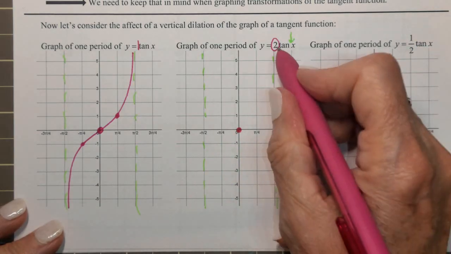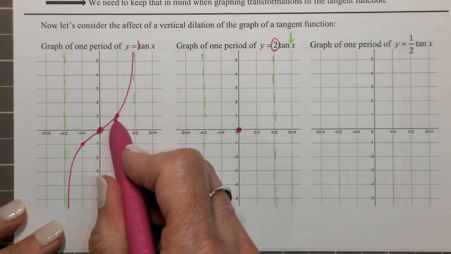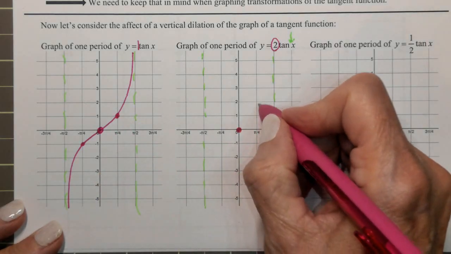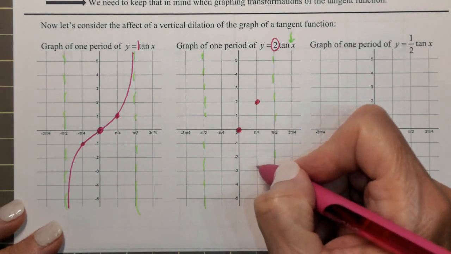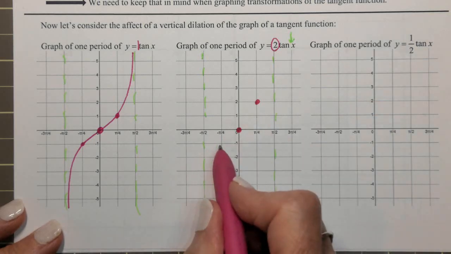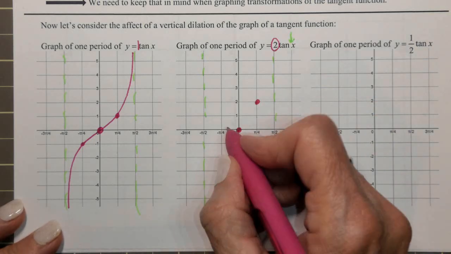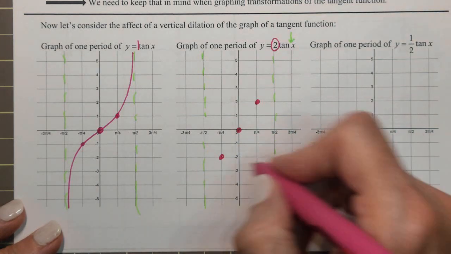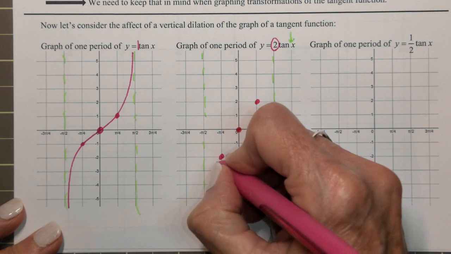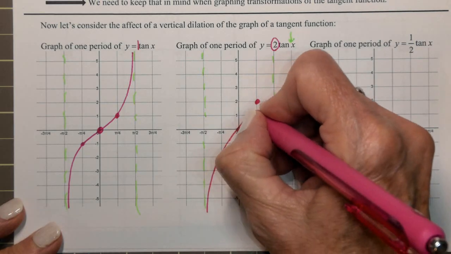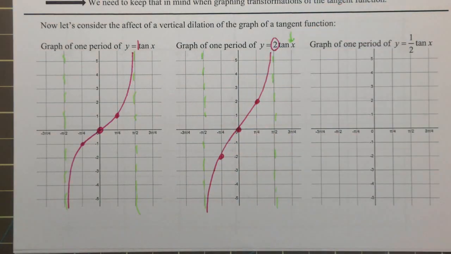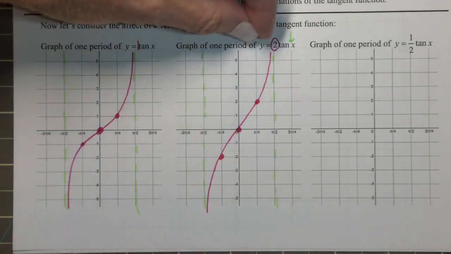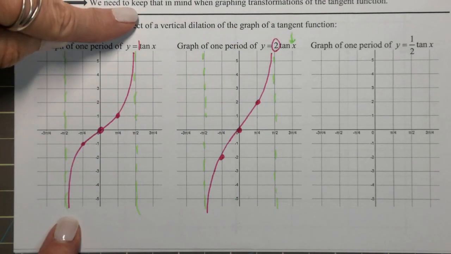What this 2 does is, instead of going up 1 at pi over 4, we multiply that by 2, so we're going to go up 2. Instead of being at negative 1 at negative pi over 4, we'll multiply that by 2 and we'll be at negative 2 there. Doesn't it make sense that that 2 took this and vertically stretched it? Do you see the vertical stretch?